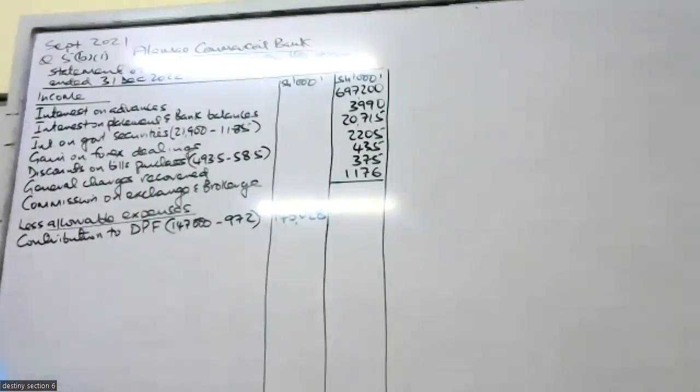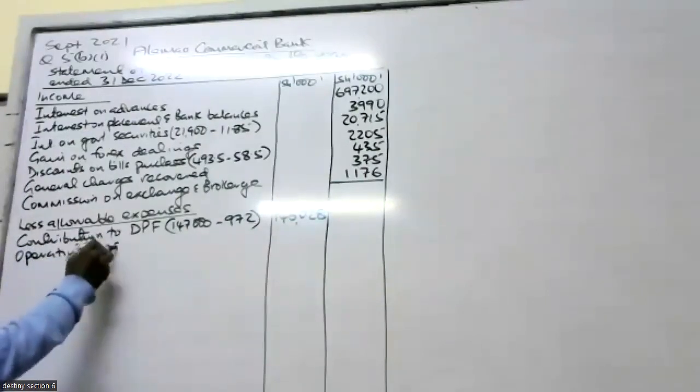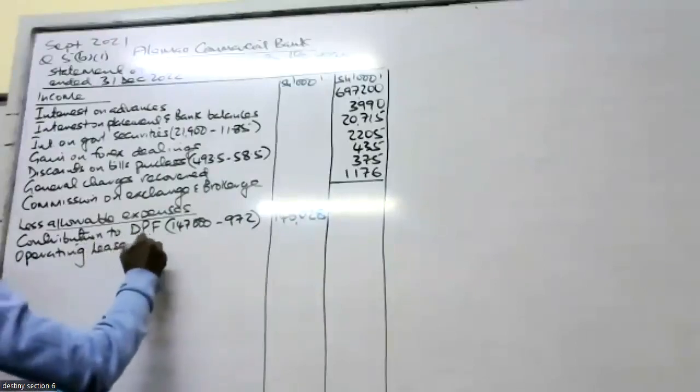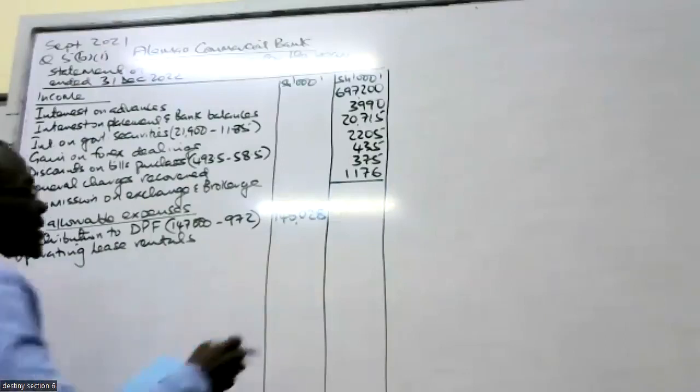Operating lease rentals. Operating lease rentals is 97.